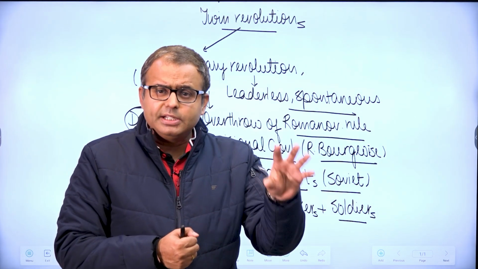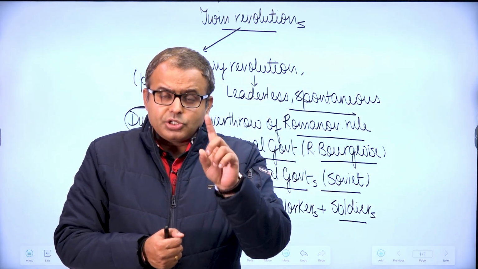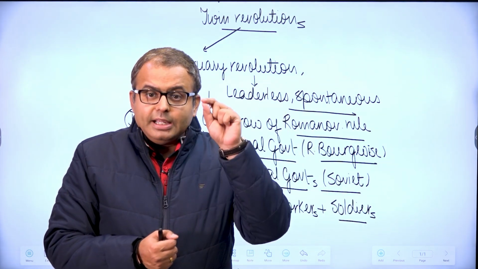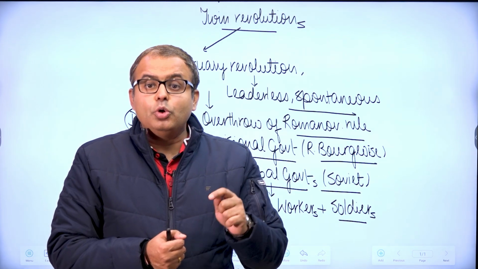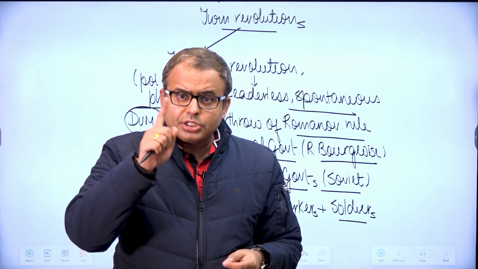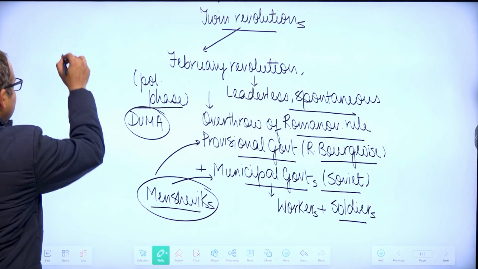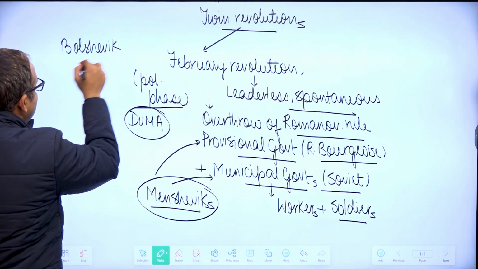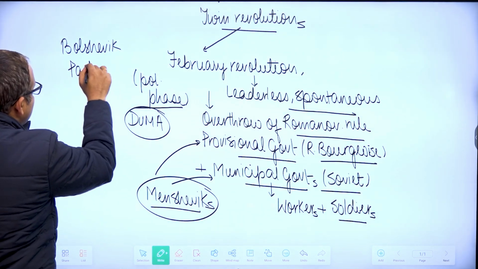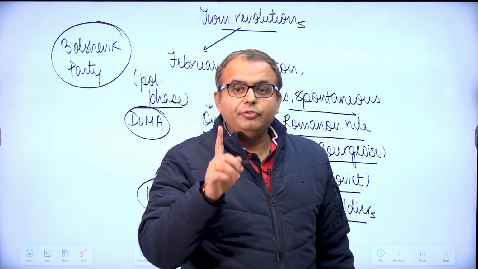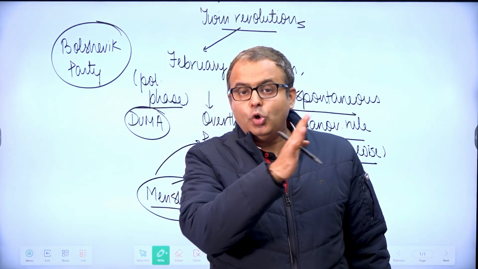So he had said that the Russians should not have participated in the war. They should instead have channelized all their resources towards industrial development. And he had declared that if the Bolshevik party of Lenin comes to power, then Russia will withdraw from the war at all costs.